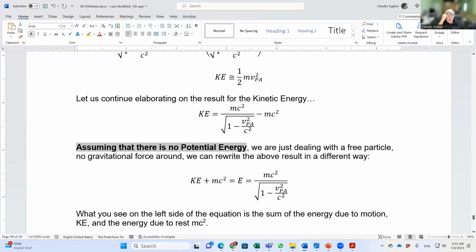If there is a potential energy, of course, there will be an additional term here that we have to sum up.